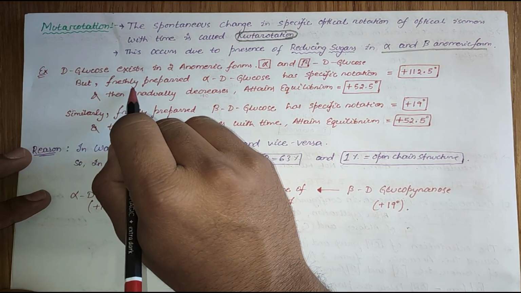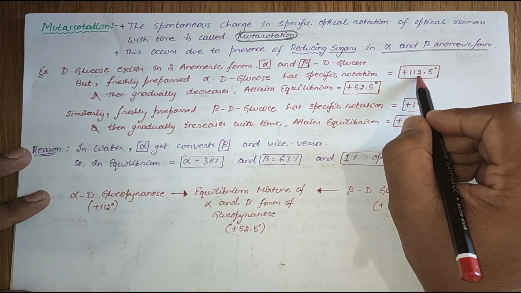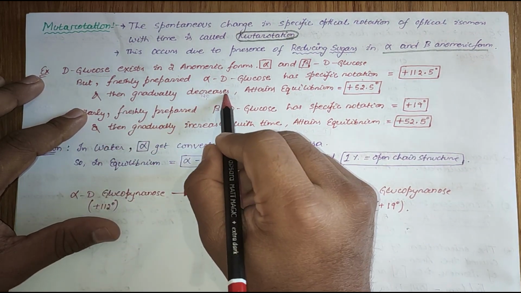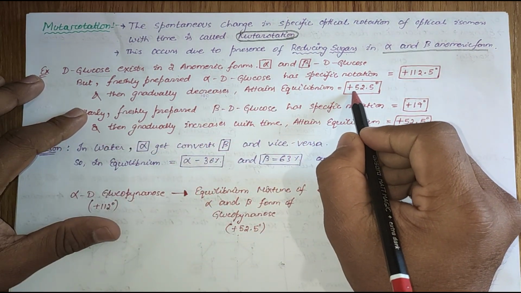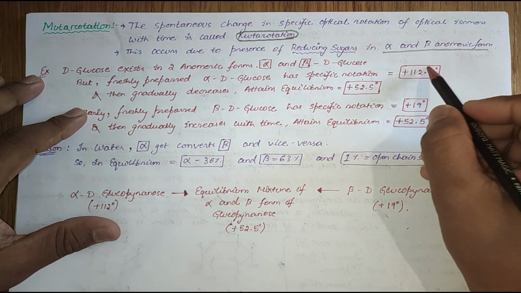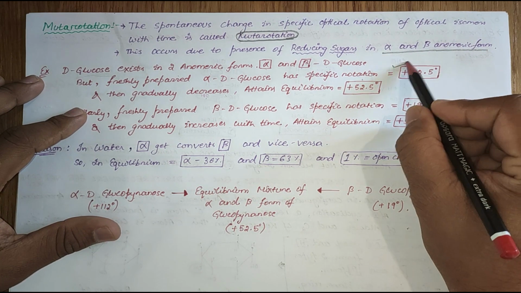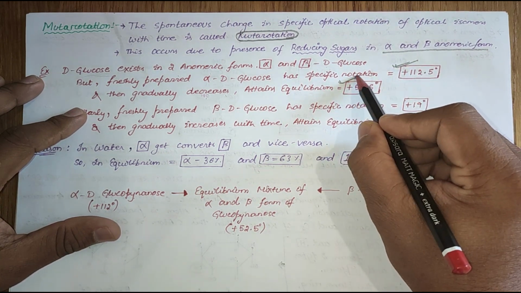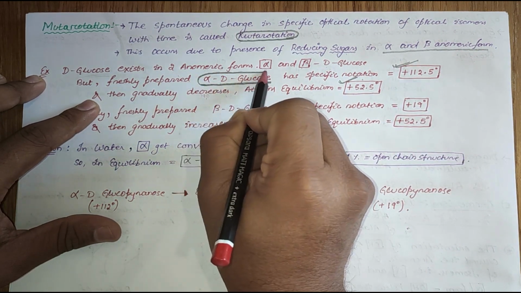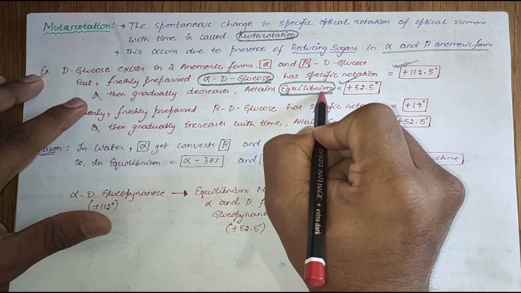But freshly prepared alpha D-glucose has a specific rotation of plus 112.5 degrees, and then it gradually decreases with time and attains an equilibrium of plus 52.5 degrees. The optical rotation changes from 112.5 to 52.5 degrees for alpha D-glucose when it is freshly prepared and attains equilibrium.